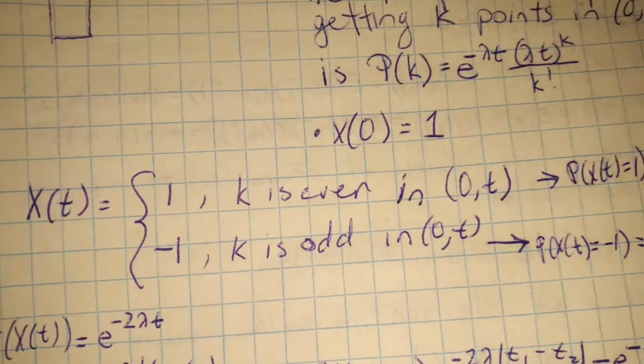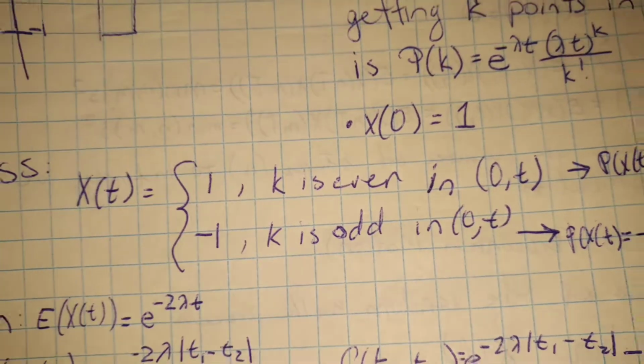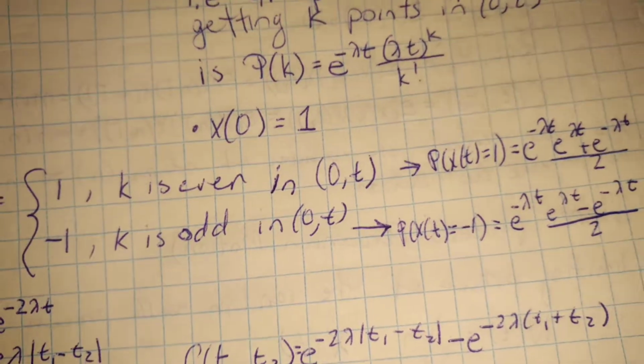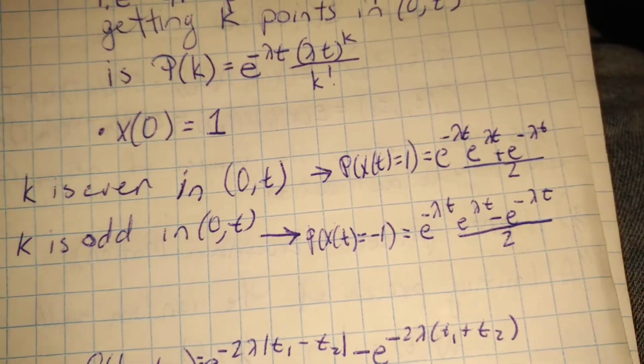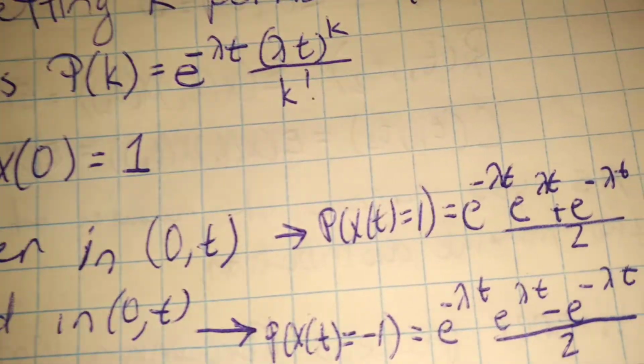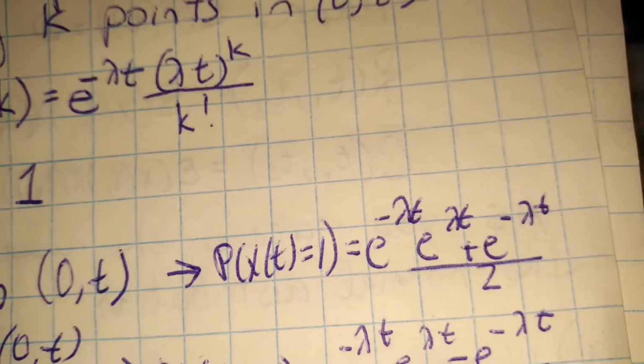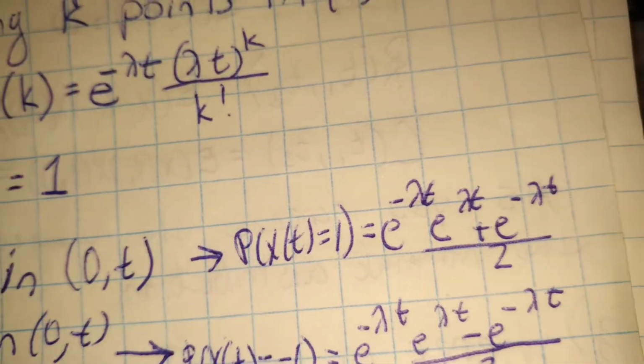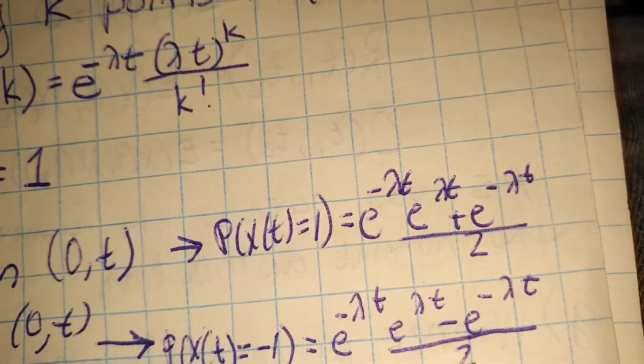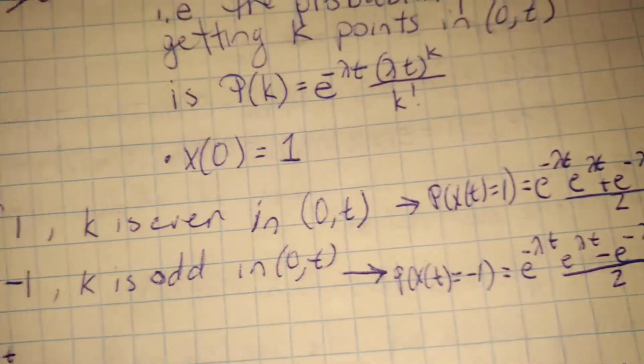And so the process is written as X(t) equal to 1 when k is even in 0 to t. And then the probability distribution looks like this: the probability of X(t) equal to 1 is e^(-λt) times (e^(λt) + e^(-λt))/2.